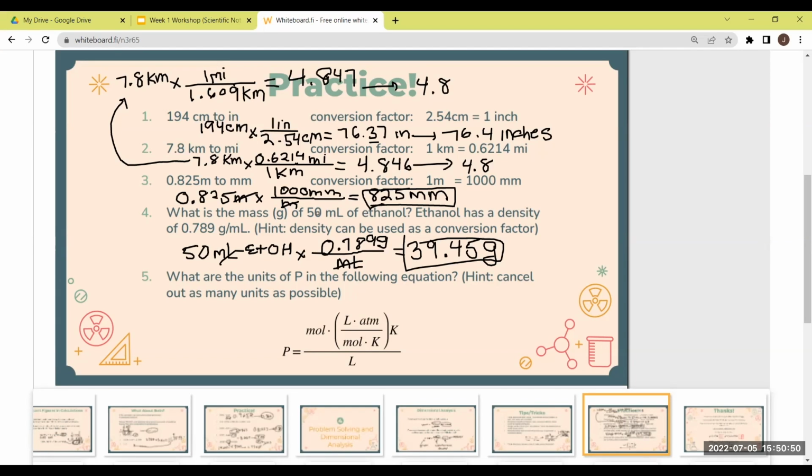This one is not really well written. If I were to put this question again, I would put a decimal here, just to indicate that there's actually 2 significant figures, because this number is quite ambiguous. If I were to put 2 significant figures here, then we'll want 2 significant figures in our answer. So this is going to be 39 grams of ethanol.